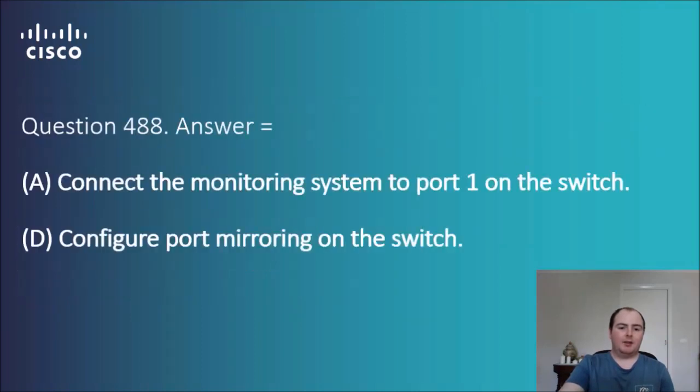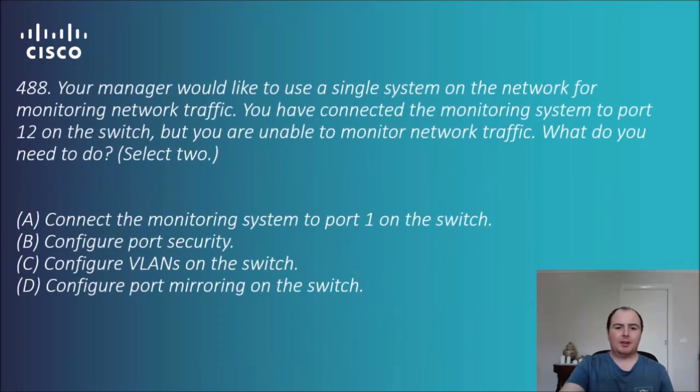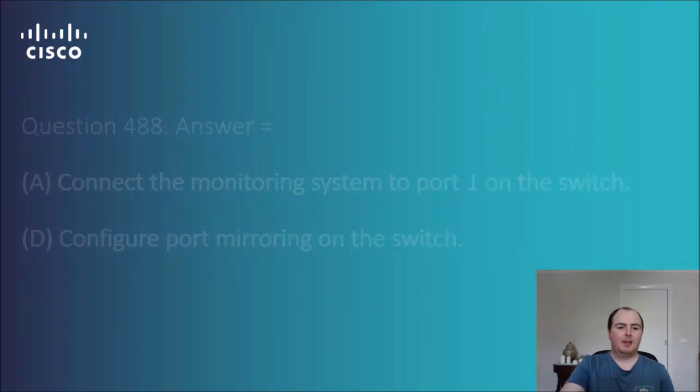So it's A and D. Connect the monitoring system to port 1 on the switch. Port 1 on the switch is what's required for monitoring to take place. So therefore that requirement needs to be satisfied, along with port mirroring on the switch. And port mirroring is the other correct answer there.